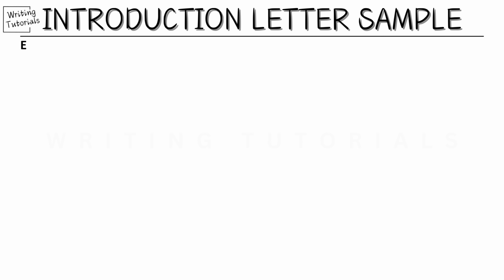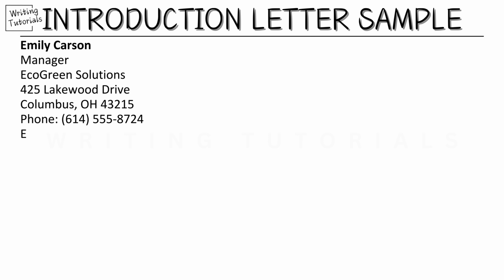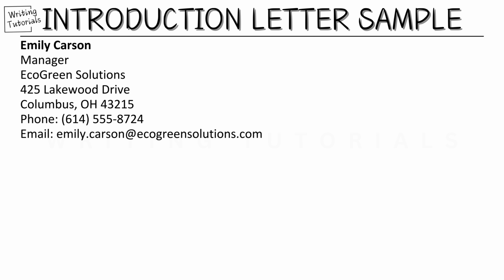Step 1. The header. The letter begins with a header that contains all the essential contact details of the sender. Here's what it looks like. Emily Carson, Manager, Green Solutions, 425 Lakewood Drive, Columbus, Ohio, 43215. Phone, 614-555-8724.